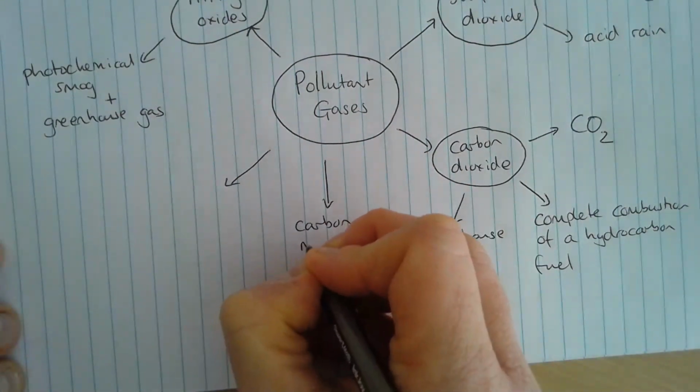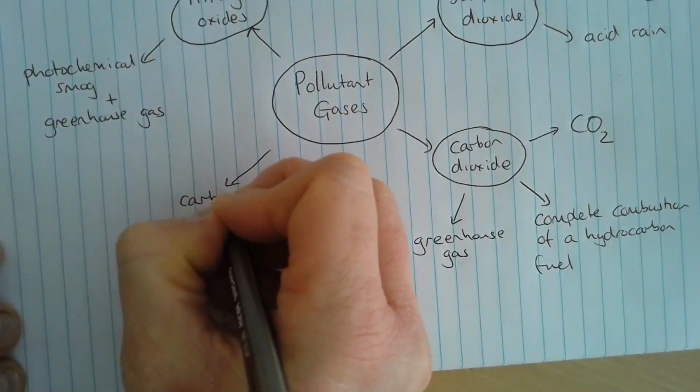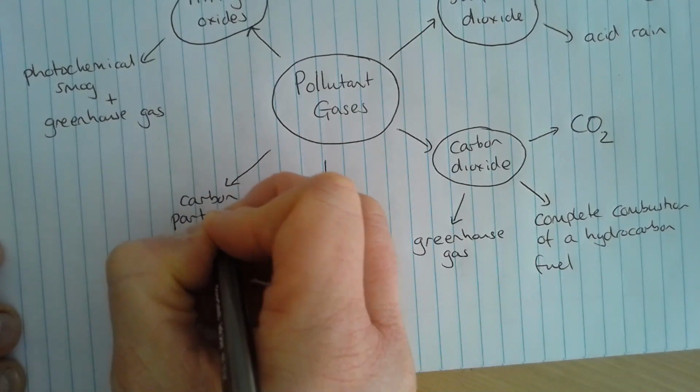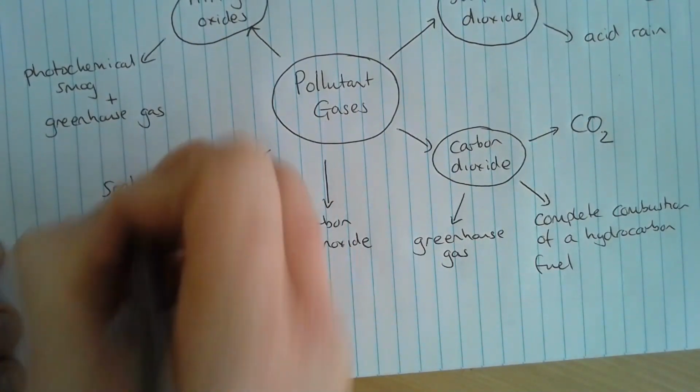There are 2 more pollutant gases which I'm actually going to deal with together. One of which is carbon monoxide, and the other one is carbon particulates, which we will sometimes call soot.